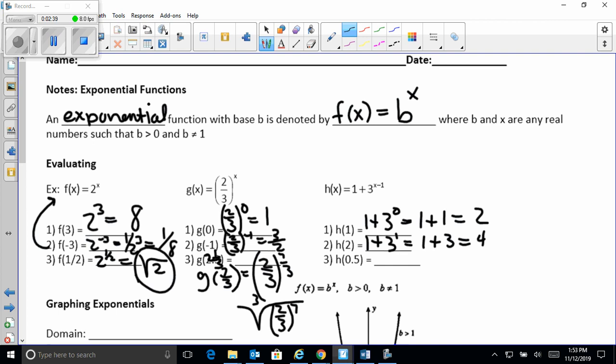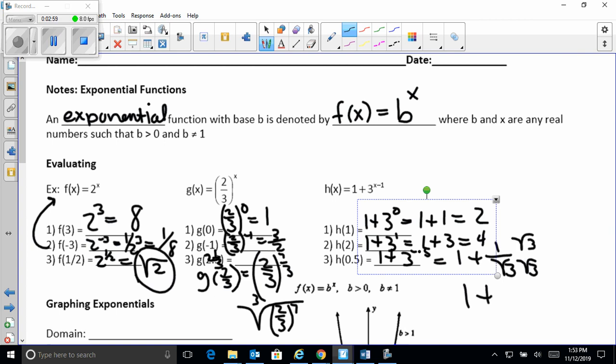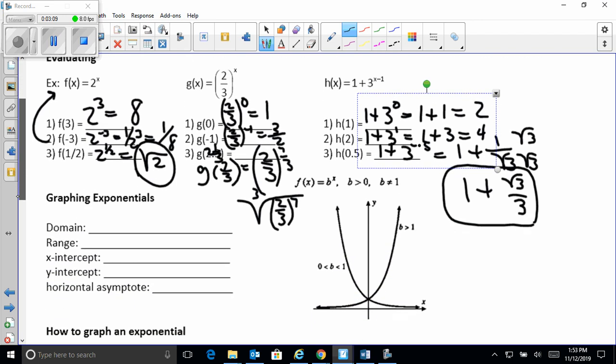And h of 1/2 will be 1 plus 3 to the negative 0.5, the negative half, which would be 1 plus 1 over the square root of 3. Can't leave the square root in a denominator, so that would be 1 plus square root of 3 over 3. And so that's how we just do that. We plug in for x what the x evaluated as, and do our output.